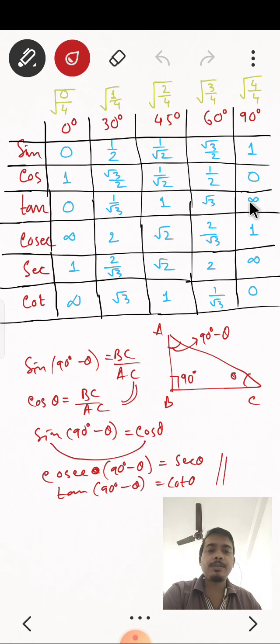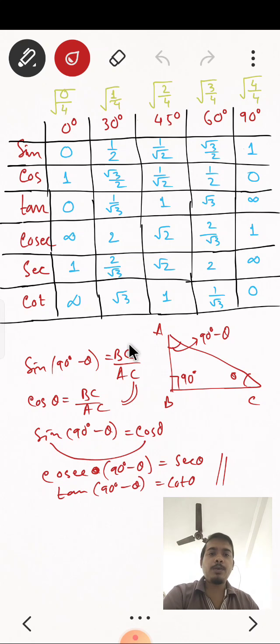And for tan values, we can calculate by doing sine by cos, as we have seen in the previous slide, that tan theta equals sine theta by cos theta. And if we want to remember sine values using a trick, we can write 0, 1, 2, 3, 4 for 0 degree, 30 degree, 45, 60 and 90, which are important angles, and then divide them by 4 and take square roots. This is a trick, we will get all sine values. Thus this table is to be remembered for evaluating different expressions of trigonometry.